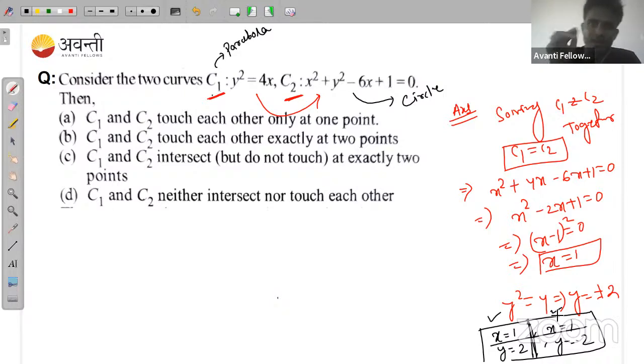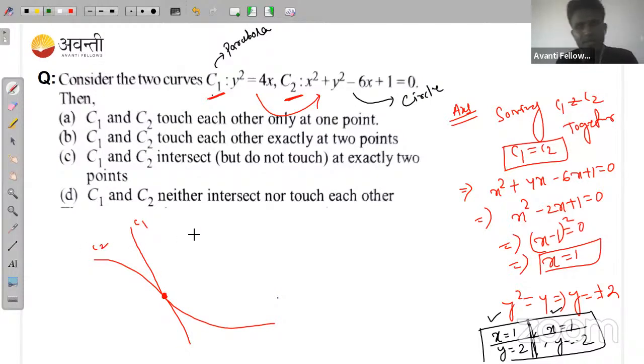ये तो solve हो गया, तो हमें मिल गया, ठीक है। अब ऐसा भी हो सकता है कि दो curve, देखो, you can check it here, like this also possible. ये जो point of intersection होगा इनमें से कोई हो सकता है, yes or no? तो touch जब करता है, let's say this is C1 and C2, touch करता है तो कैसे पता चलता है?